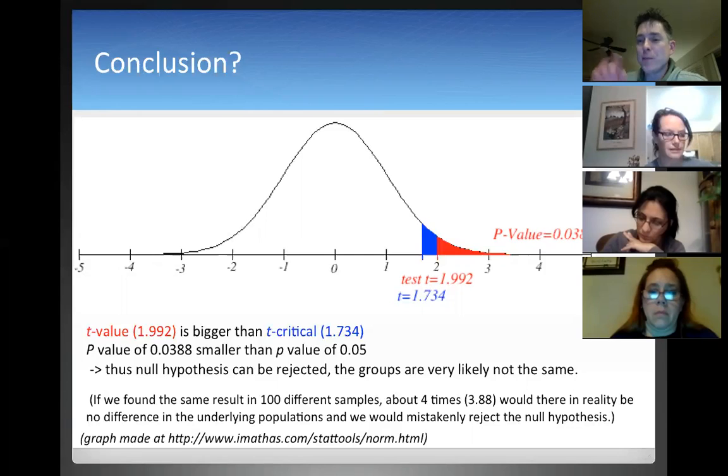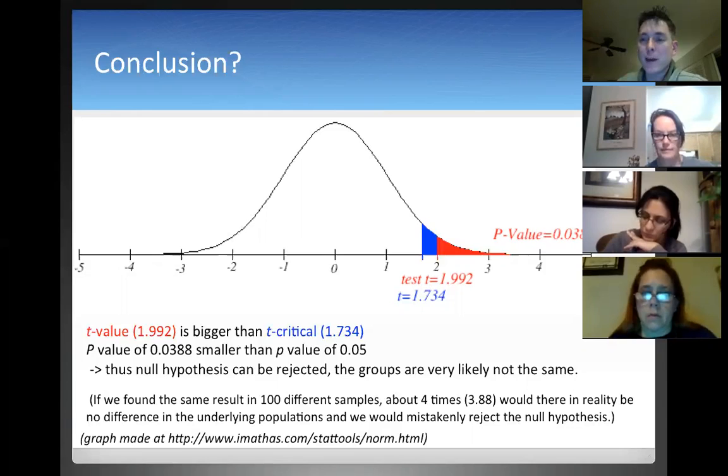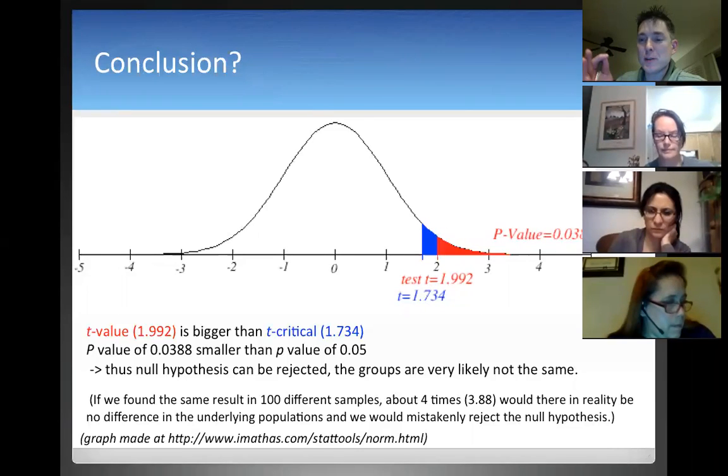So we're doing the same thing, but we're going from another angle at it. I always think about not even talking about t critical and all that, just figure out the probability of the t-value that you calculated. If that probability is smaller than 5%, or the p-value is smaller than 0.05, which is the same thing, then you reject the null.